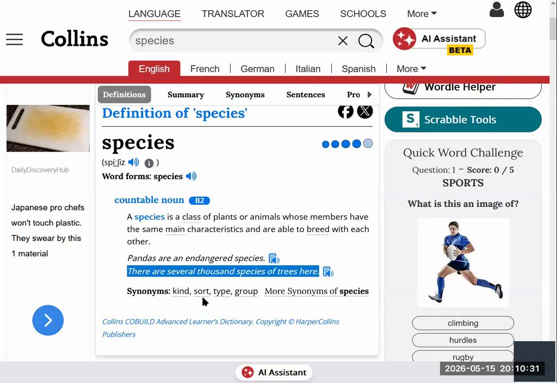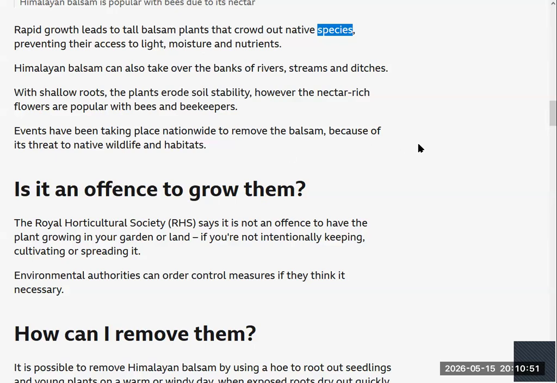There are two ways of spelling that sort as well. So group. Sometimes we do talk about non-living things as a species, but often it's to do with living creatures. It doesn't absolutely have to be.